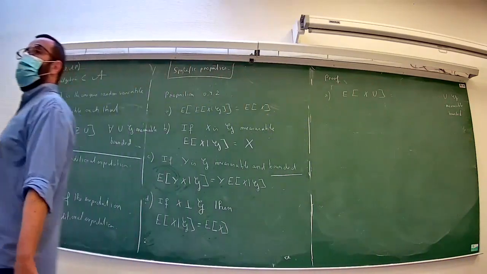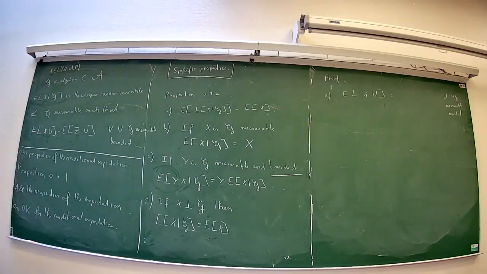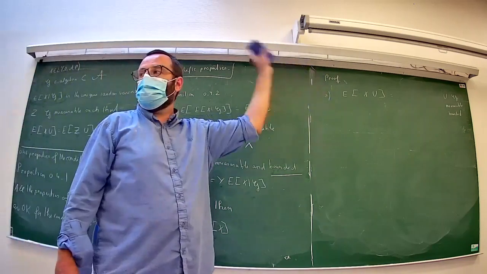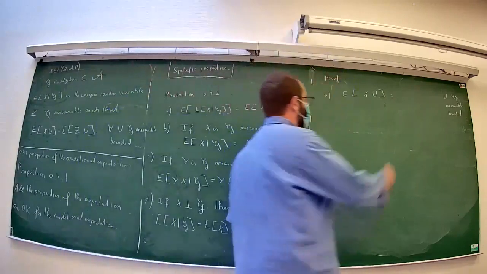So u is J measurable. I have said that to say that x and J are independent means that x is independent of any random variable J measurable. It means that x and u are independent. The expectation of the product is the product of the expectations.